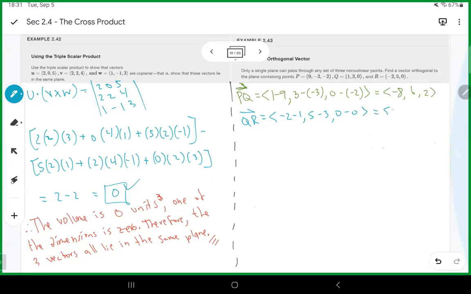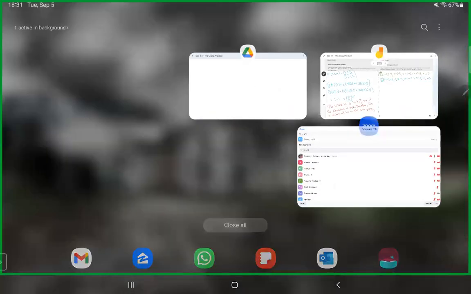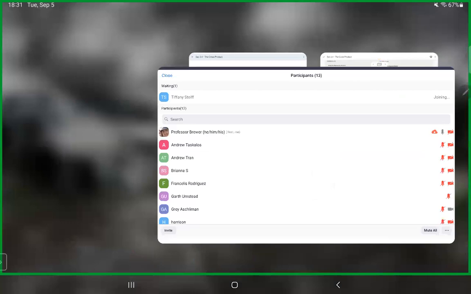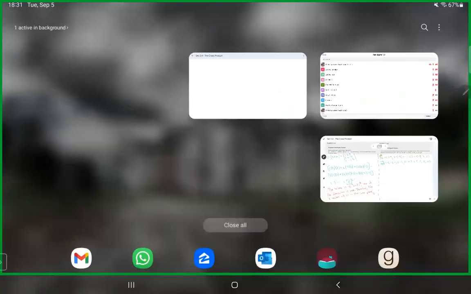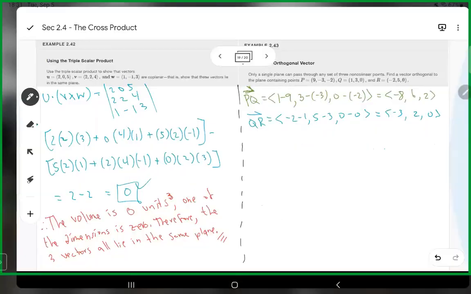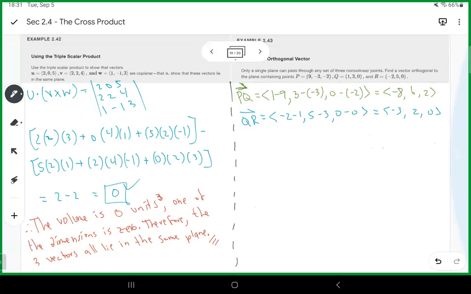So that will give us -3, 2, and 0. Technology, I swear, is not my friend. All right, now we're going to do PQ cross QR.